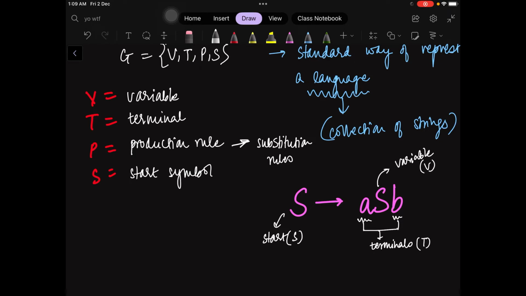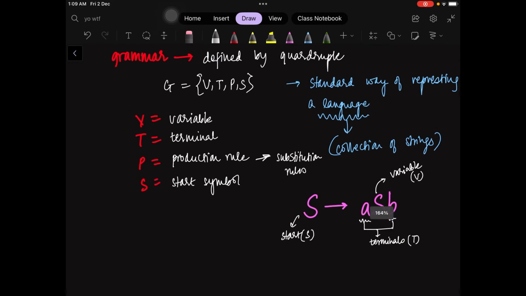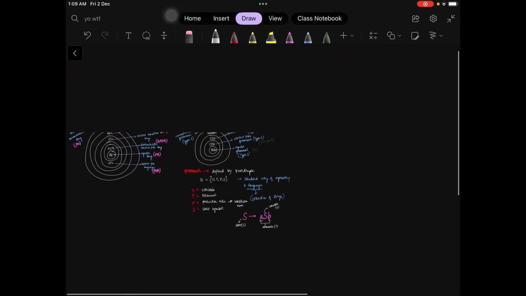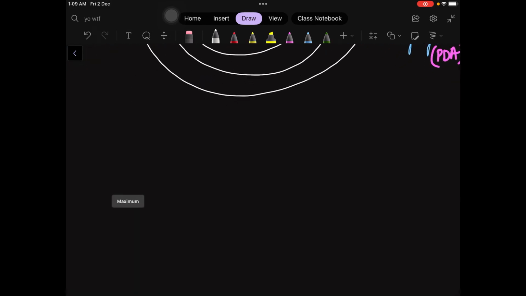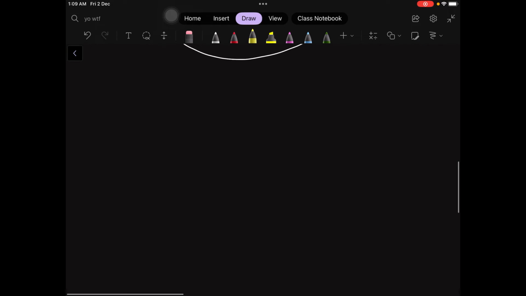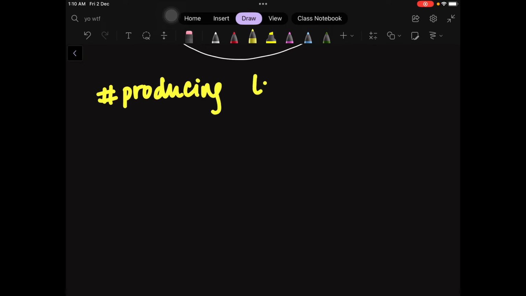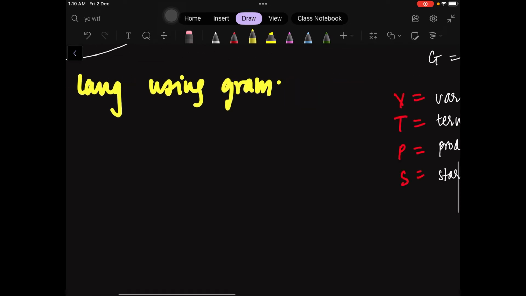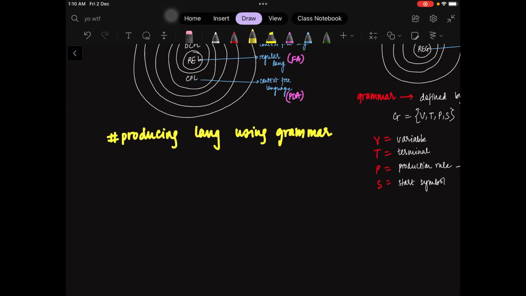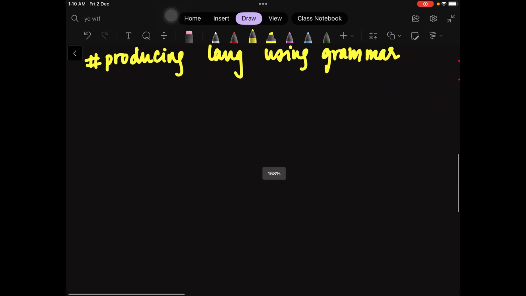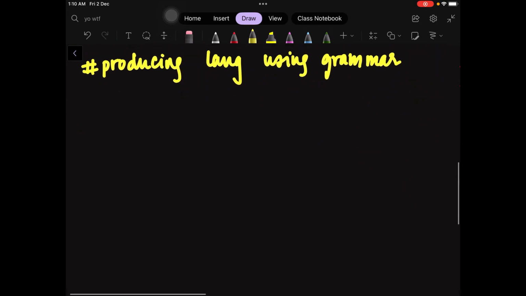So now let us see how you can produce a language using grammar. Producing a language using grammar. So let's take an example as we did before.